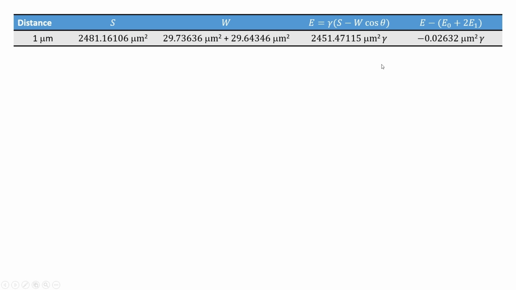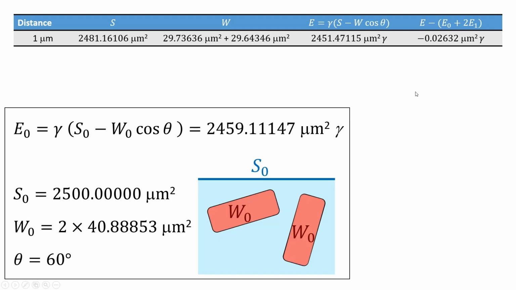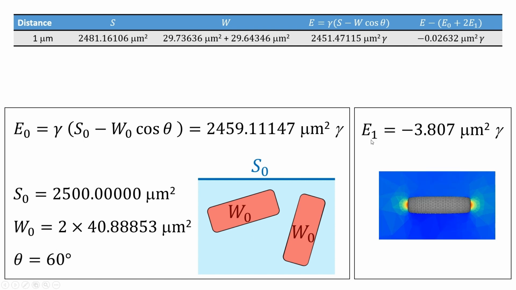In addition, we can then write the particle-particle interaction energy, using this expression here, where E0 is the energy of the system when the two particles are fully immersed in the fluid below, where S0 is the surface area of the flat fluid interface without holes, and E1 is the energy of adsorption of a single cylinder in the horizontal configuration, which we calculated before.